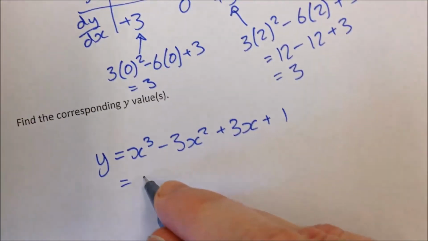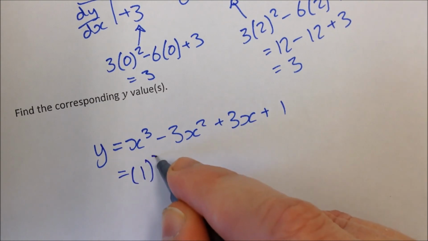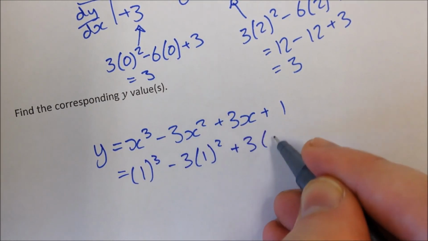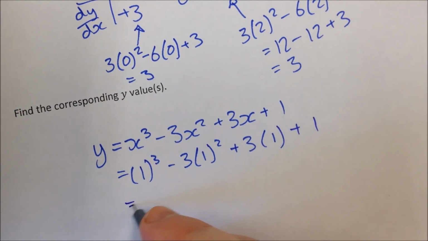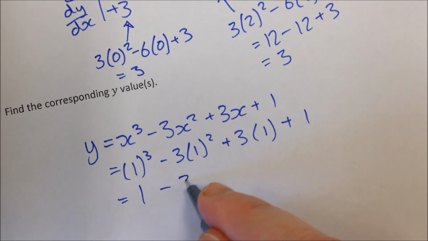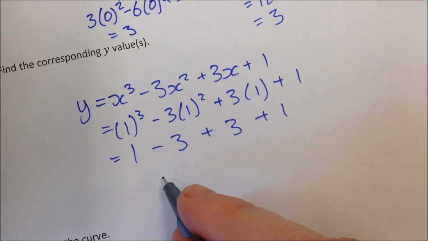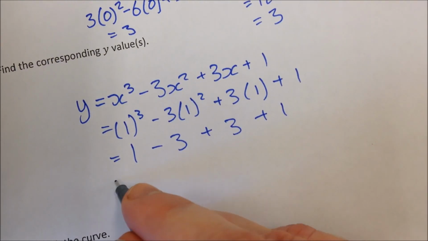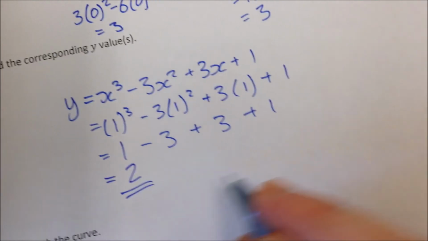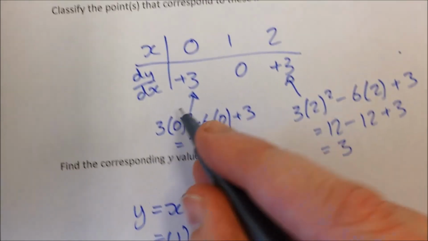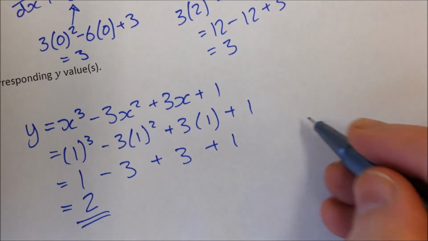X is 1. 1 cubed, take away 3 lots of 1 squared plus 3 lots of 1 plus 1. So that is 1, take away 3 plus 3 plus 1. So that is, in total, 2. So your solution, your coordinate is 1 and 2.